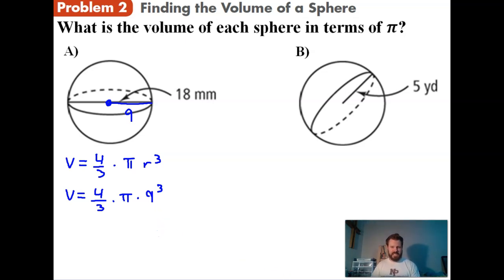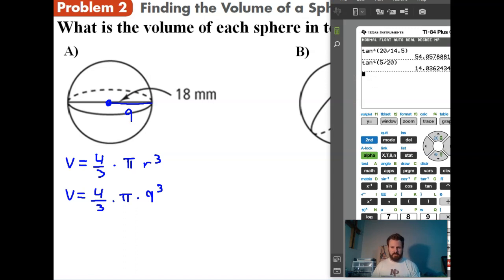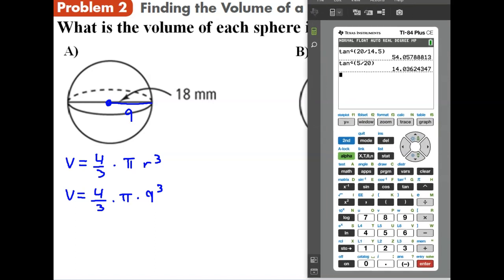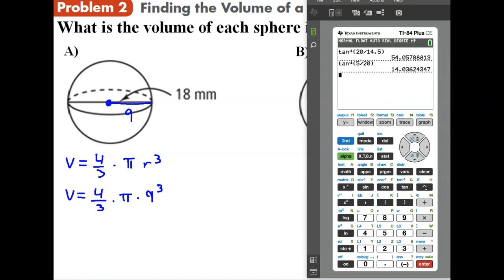All right, now to do this 9 to the third deal, let's pull our calculators up. What does 9 to the third mean? Well, it means 9 times 9 times 9. 9 times itself 3 times.